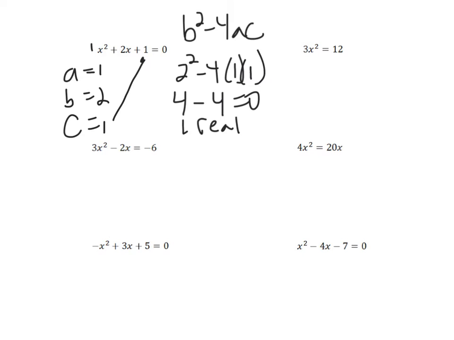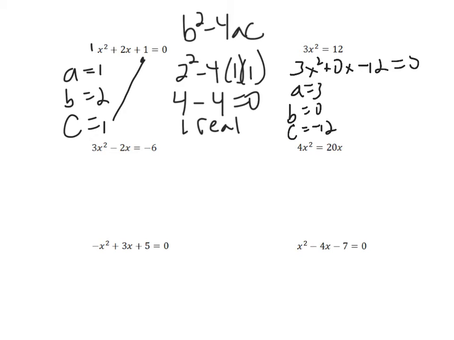So now in this case, we've got to set it equal to 0, right? So 3x squared minus 0x minus 12. I'll write the 0x in just so we know it's there. a equals 3, b equals 0, and c equals negative 12.